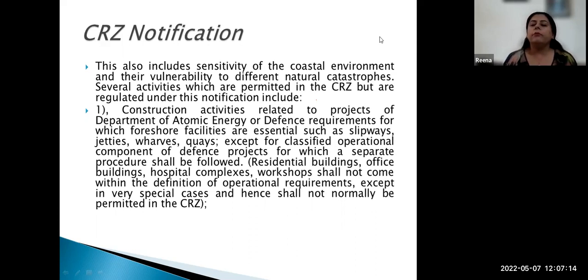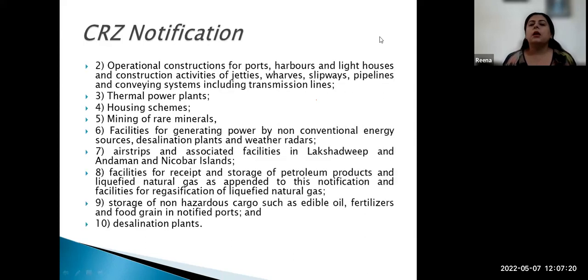If the project is a residential building or office building or a hospital complex, it will have different conditions. So you have to see from the perspective of your project activity. As we had discussed, the environment impact assessment is related to the impact of the project activity at different phases of the project.